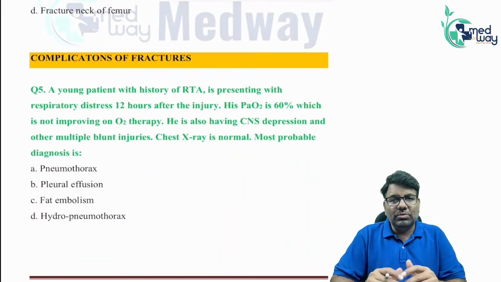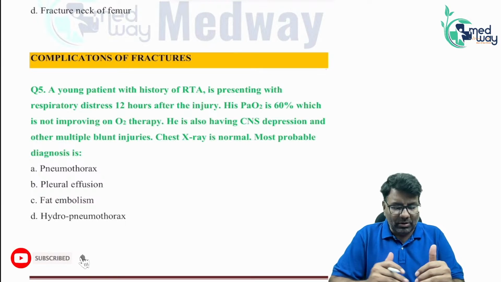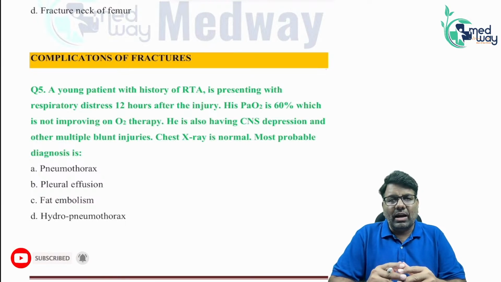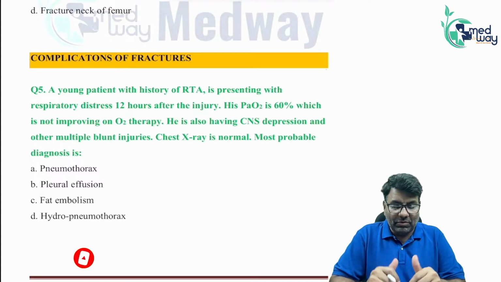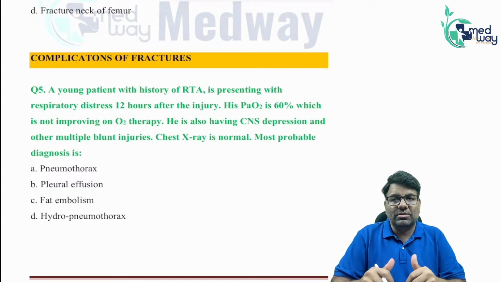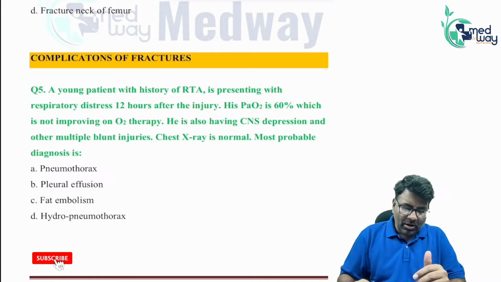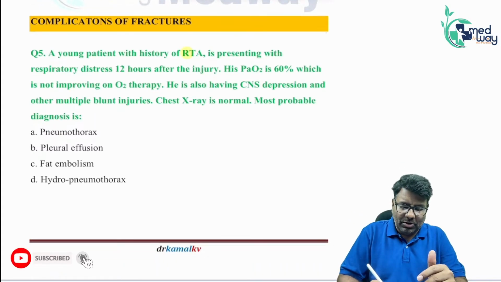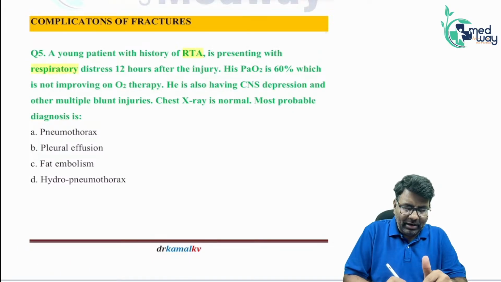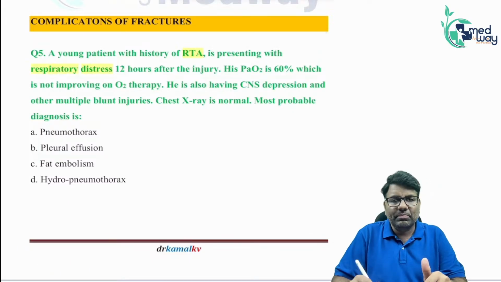Then moving forward to a very important chapter, that is complications of fracture, and rarely is there an exam which does not include a question from this important segment. So a patient has a history of road traffic accident. Now he is having respiratory distress.